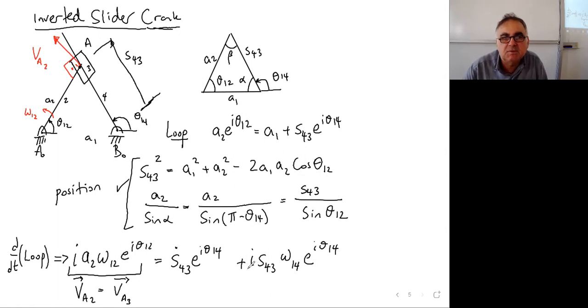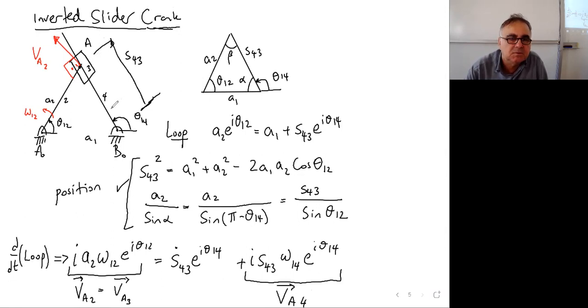What is this in the first place? This is the velocity of A point again, but on link 4. VA4.